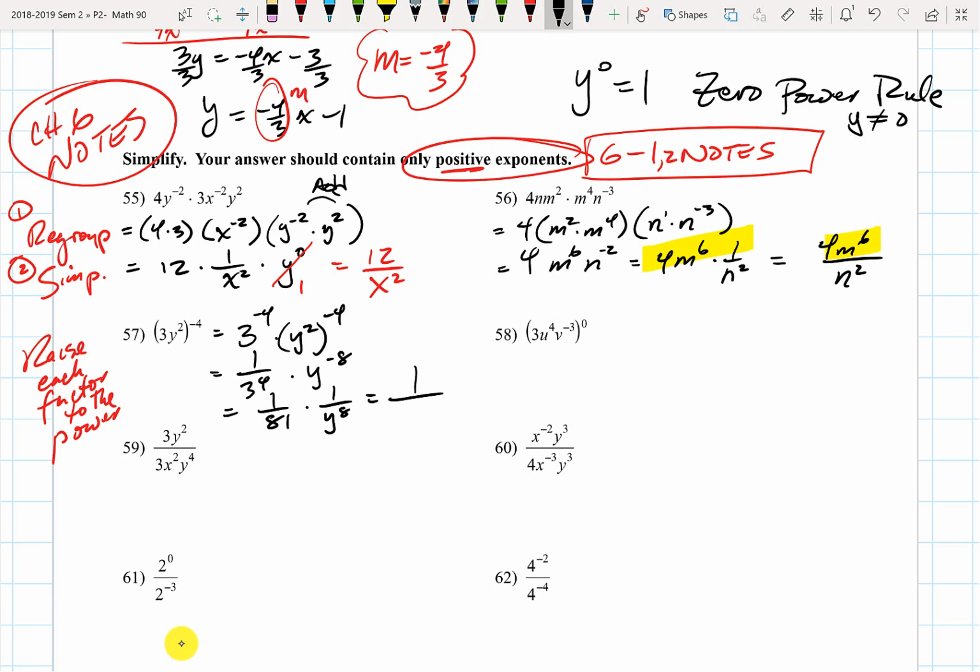And so you get 1 divided by 81 times y to the 8th. And that's number 57. This is 1, you got the 0 power rule right here.